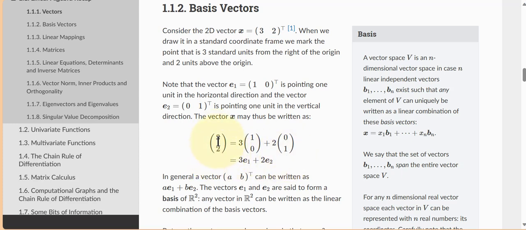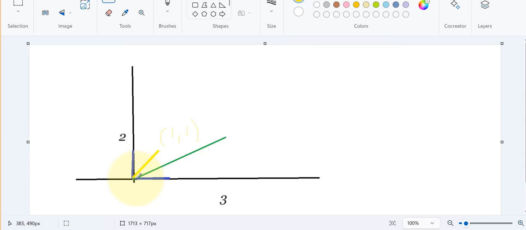So I can still write this as some constant times this one plus some constant times this one. You can do that because if you take a multiple of this plus a multiple of this, you can get to this vector. And that's obviously true even if I use the blue one and the yellow one.